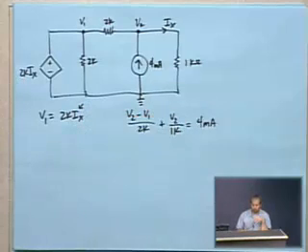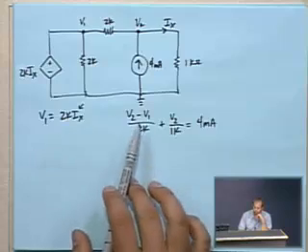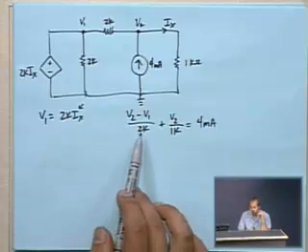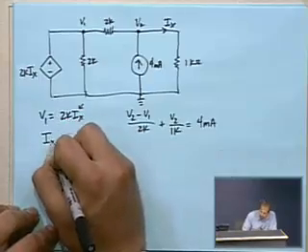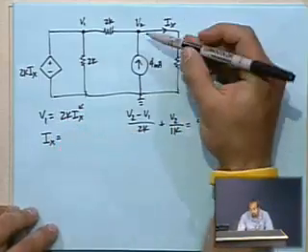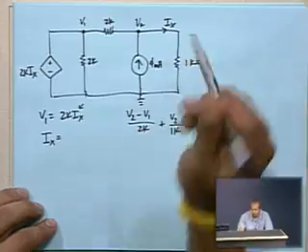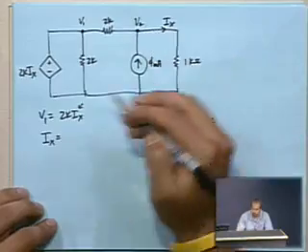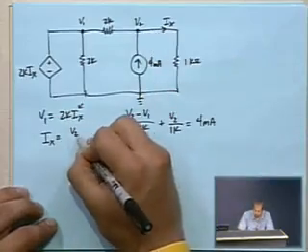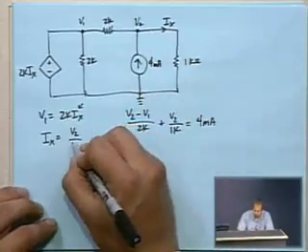What other circuit parameter gives us Ix so that when we plug it in here we can turn it into something useful? In this case, Ix is the current rolling through this 1 kilo ohm resistor, and that is the voltage across it, which is the node voltage V2, divided by the 1 kilo ohm of resistance.